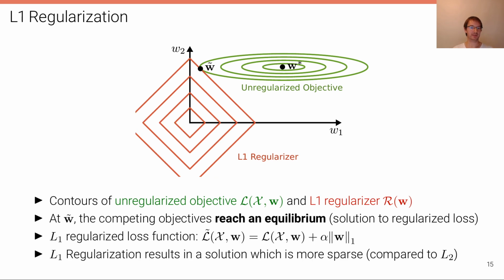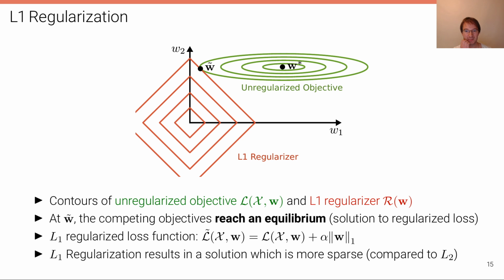We can also look at a different type of regularizer, for instance, the L1 regularizer. Here we see in red the contours of the L1 regularizer, which look different from the L2 regularizer. The L1 regularizer is simply adding a parameter norm penalty, where the norm is actually the L1 norm. So basically every element of this vector W, taking the absolute value of each element and then summing them up. And the L1 regularizer results in a solution which is more sparse compared to the L2 regularizer.